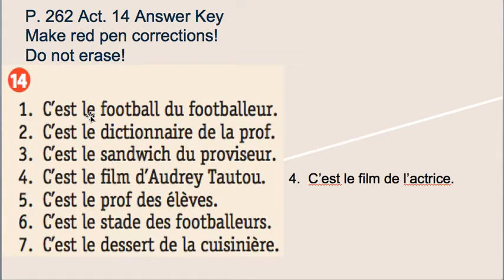But it's the soccer ball of the soccer player. In English, we would say it's the soccer player's ball. In number 2, it's the teacher's dictionary. In number 3, it's the principal's sandwich. You guys get the hint?